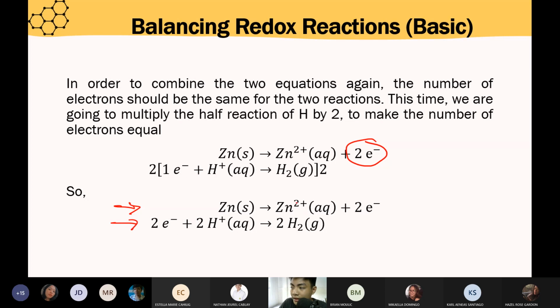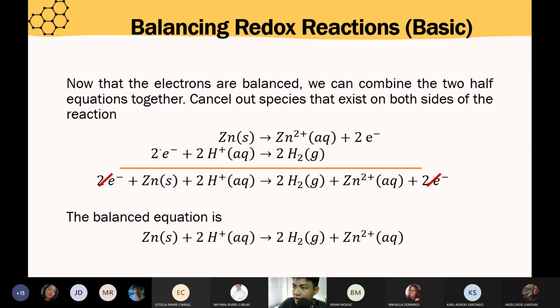And then, once the electrons are balanced, I can combine them. Then mapapansin mo may electron sa left side, may electron sa right side. You can cancel them out. So the balanced equation is this one. Okay? Pero anyway, Anachem naman na to kaya sa Anachem na natin to uli i-discuss.